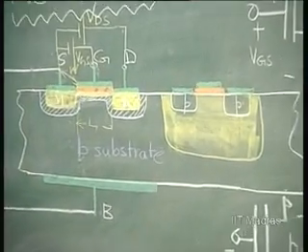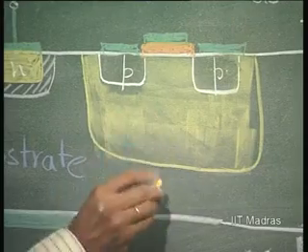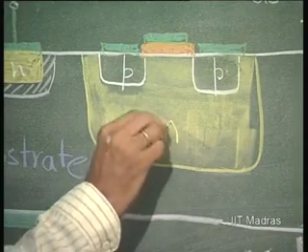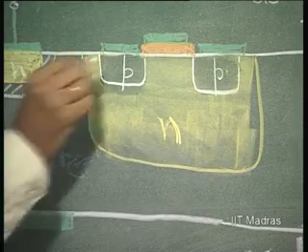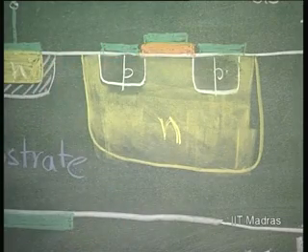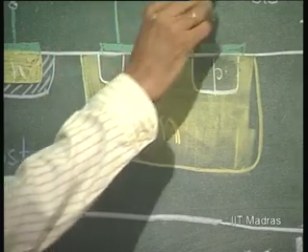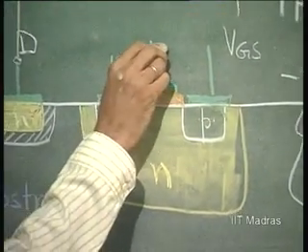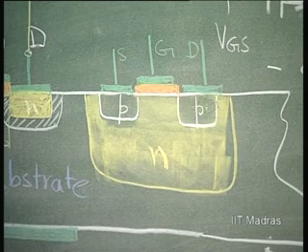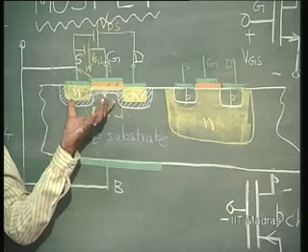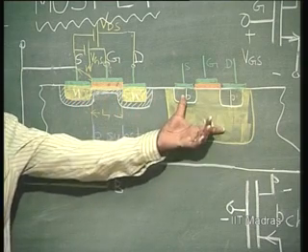So, now we have this N-type material here, P-type diffusion occurring in this N-type material, and we have source, gate and drain. So, in the same wafer I have an N-channel MOSFET as well as a P-channel MOSFET.